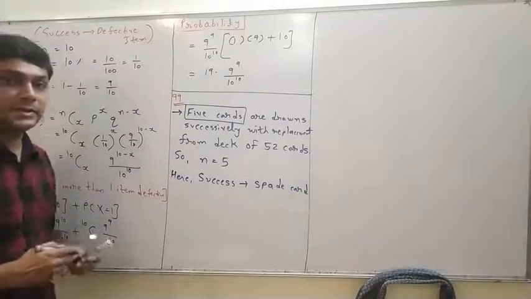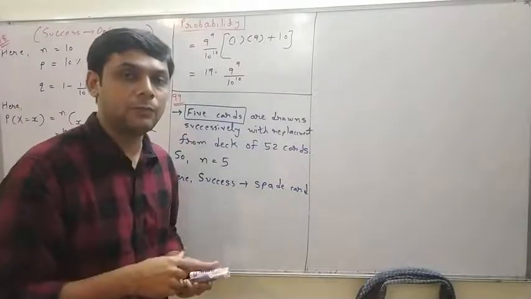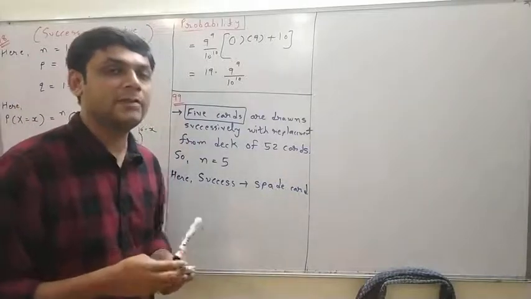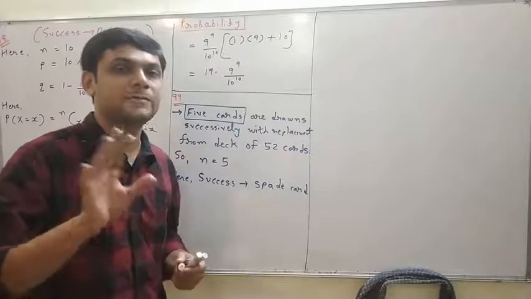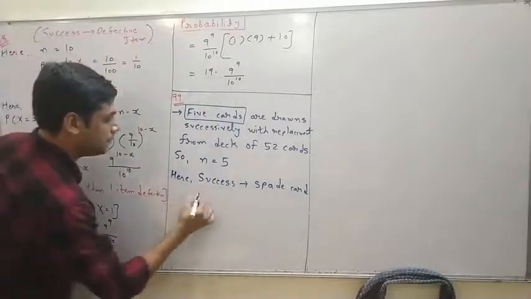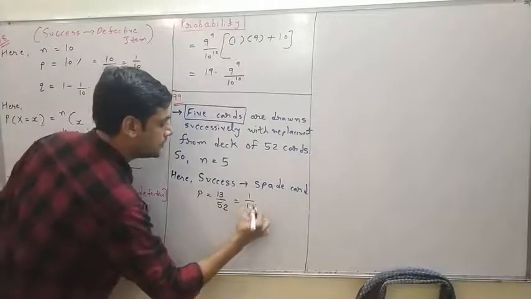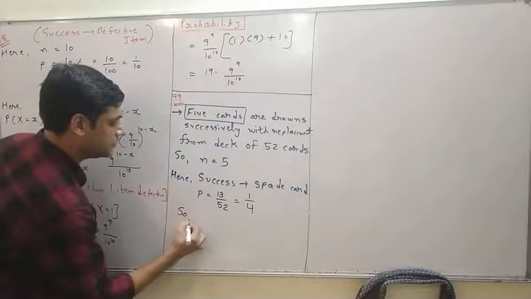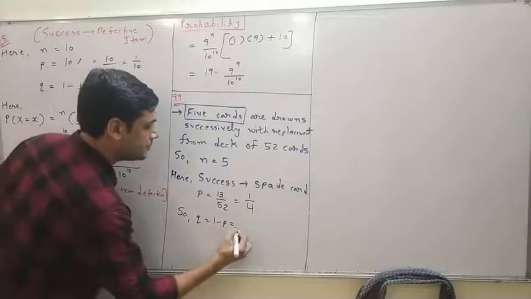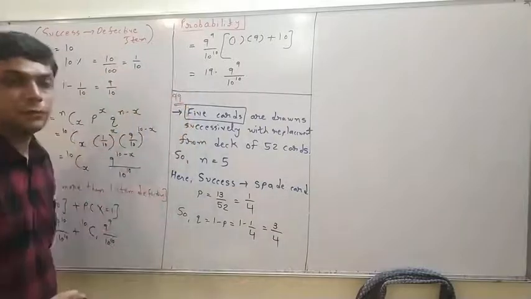When I select any one card from 52 cards, what is the probability that it is a spade card? Total number of spade cards is 13 and total cards are 52. So here p is equal to 13 upon 52, that is 1 by 4. So q is equal to 1 minus p, 1 minus 1 by 4, that is 3 by 4.